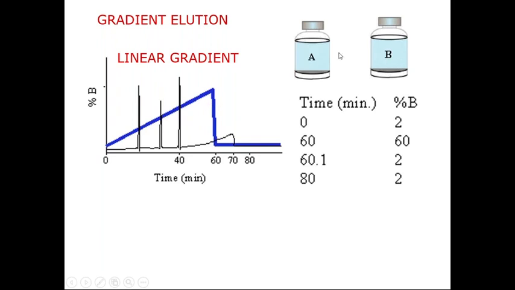The two solvents are A and B, and you have the separation. Now this gradient can be convex or it could be a concave gradient. The current instruments are all automated, and you can make different gradients, and they also have preformed gradients.